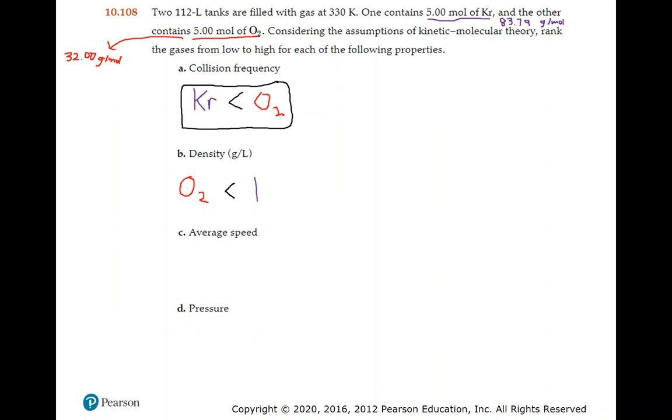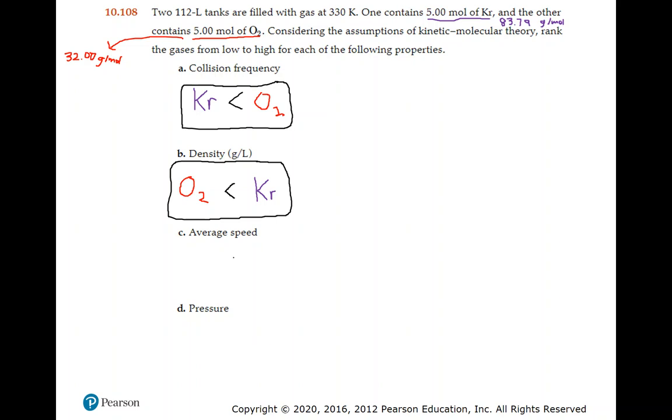And so ranking those from low to high, krypton will have a higher density than oxygen gas. And if you wanted to answer a lot of these problems, certainly density or average speed or pressure for B, C, or D, you could actually plug in numbers to figure out what the exact values are. But as you can see, when all we're doing is comparing them, we don't need to do any complicated math. We can just reason through things with what we know about kinetic molecular theory.